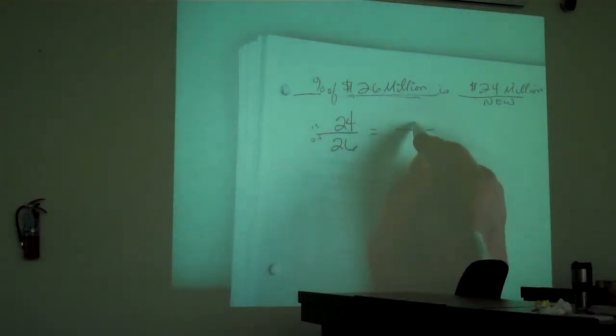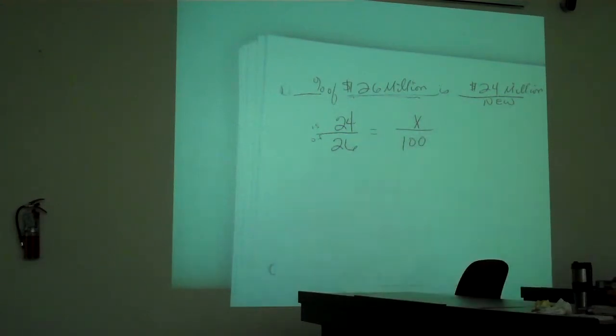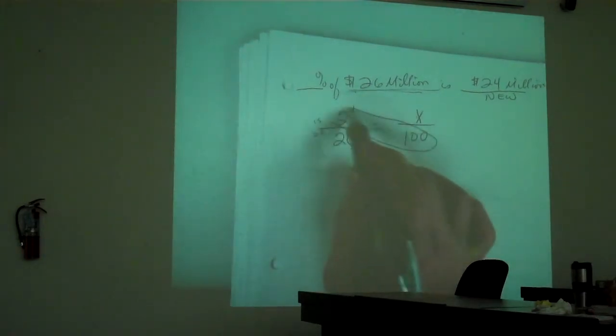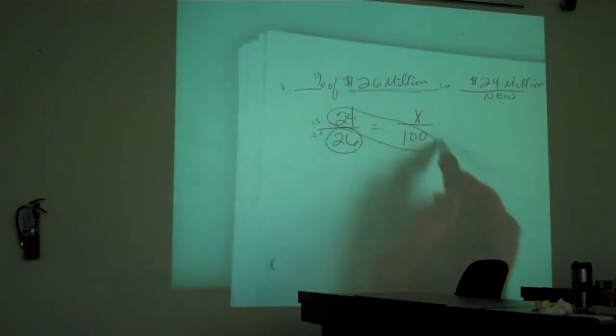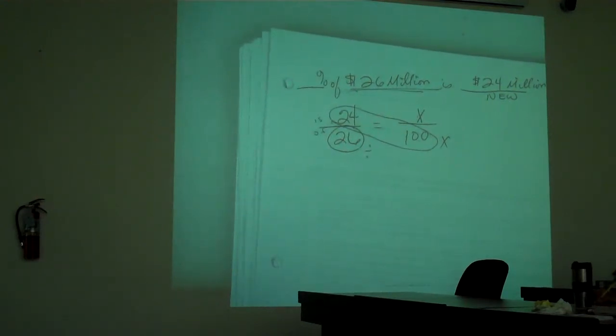The percent, you don't know. What do we put on bottom? 100. Percent always goes over 100. Multiply and divide, and that'll give you your answer. In the book, it's rounded to a tenth. It's probably going to come out where it's not a tenth, but you can put either the exact or round it to the tenth.